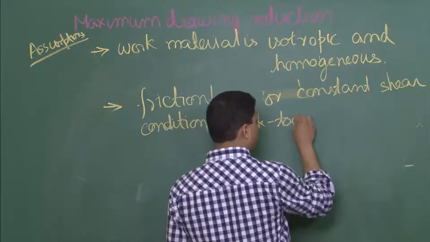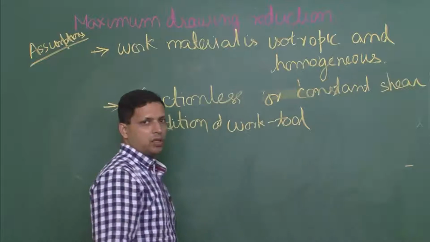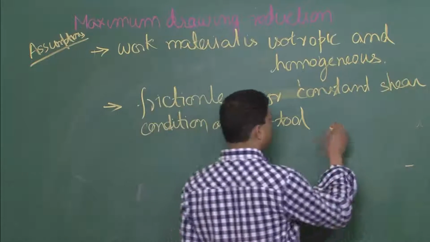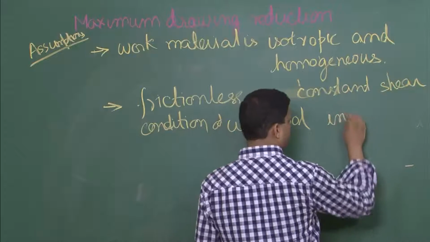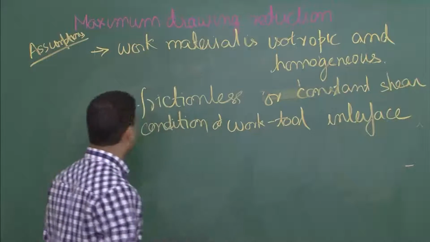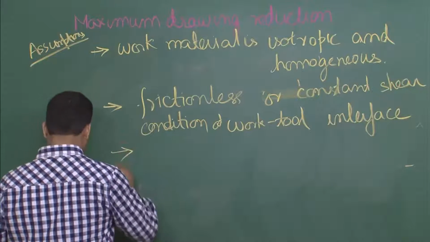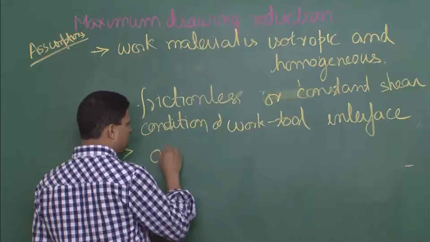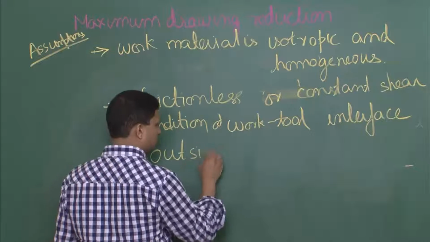For example, if we are doing the wire drawing operation, the tool would be your die and the workpiece would be the material which is deformed. So, this is assumption number 2.